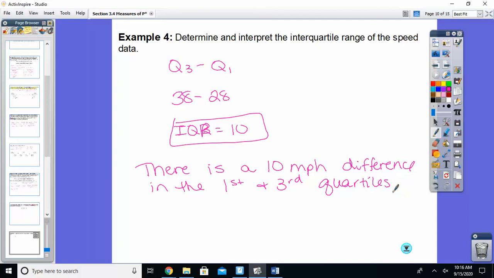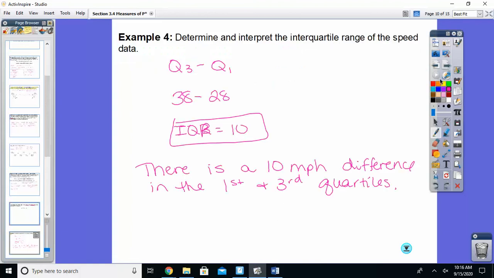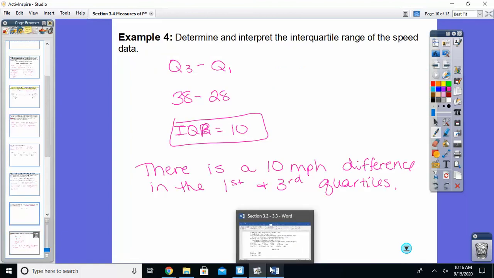Or you could say half of the speeds were within 10 miles per hour of one another. Okay. That's just the formula. The IQR is always that. Any questions there?